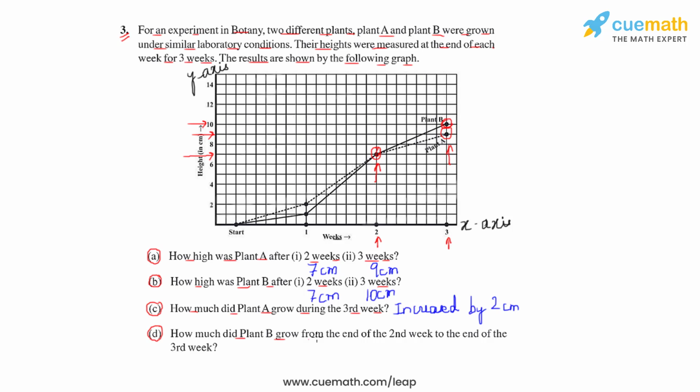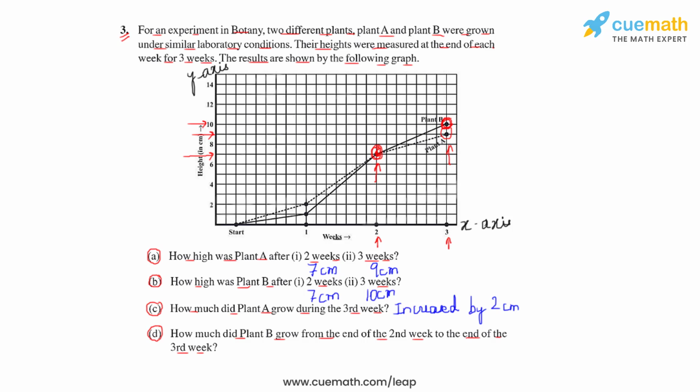Moving on to the next question, that is question D. We need to answer how much did plant B grow from the end of the 2nd week to the end of the 3rd week. Again, we see in case of plant B, at the end of the 2nd week, this point gives us the height of plant B, which we see is 7 centimeter, and at the end of the 3rd week, the height of plant B was 10 centimeter.